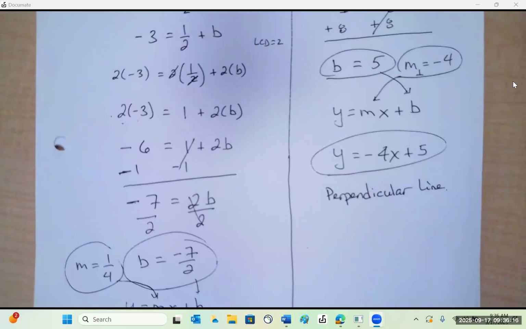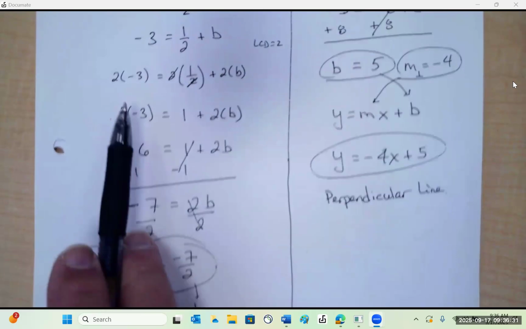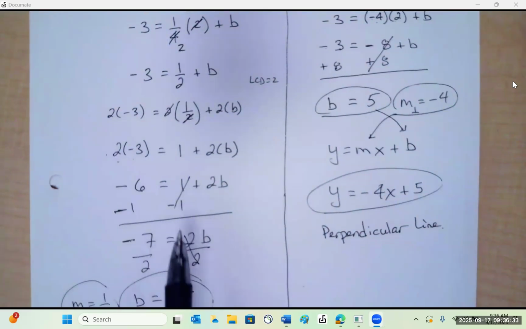So the mechanics are all the same. What's the only difference in these two equations? The only difference is how we found the slope. For the parallel one, we solved the equation for y.